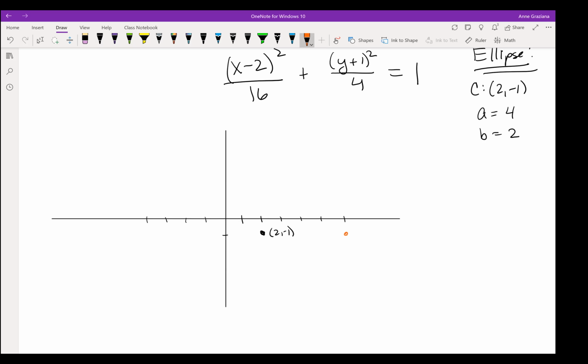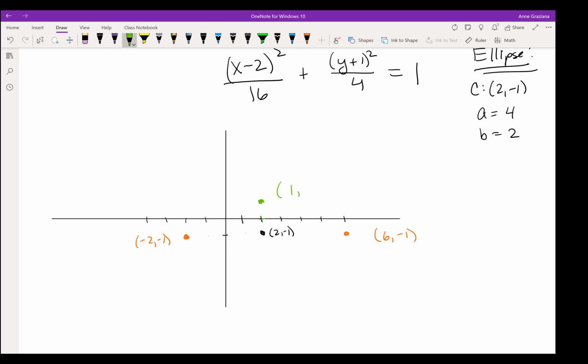1, 2, 3, 4. And I'm going to count right now. This is (6, -1), and this is (-2, -1). And then my up-down stretch is 1, 2.